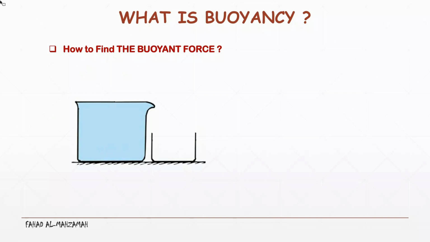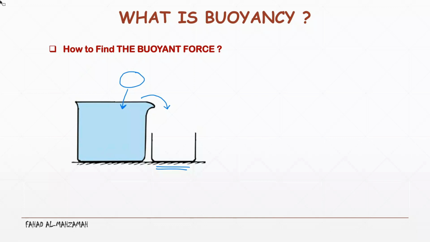If you try to put this object inside this liquid, of course you would know that some of the liquid will come out from the full cup of water. That's why we bring the empty cup, because we need it in order to understand the buoyancy. So why does some liquid come out?